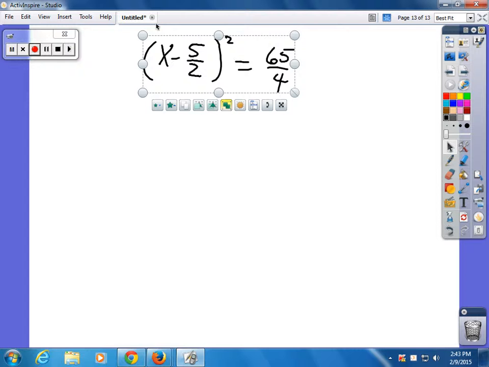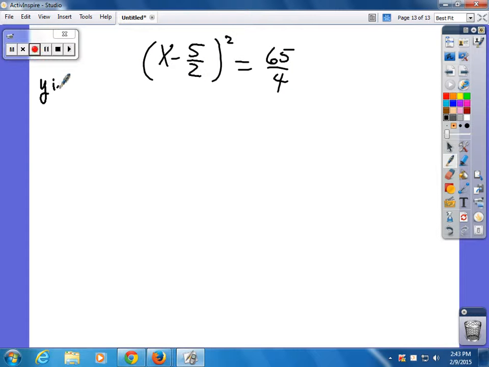What was our y-intercept? Negative 10. Was it negative 10? I think it was. Okay, vertex. Give me the two forms of the vertex. First, the point would be what? 5 halves, comma, negative 65 fourths.